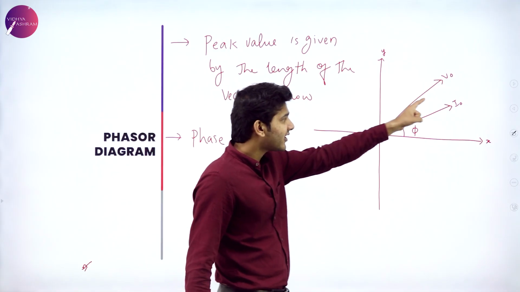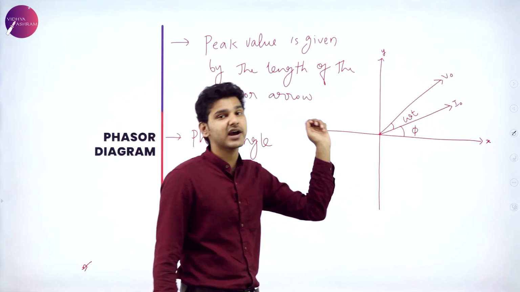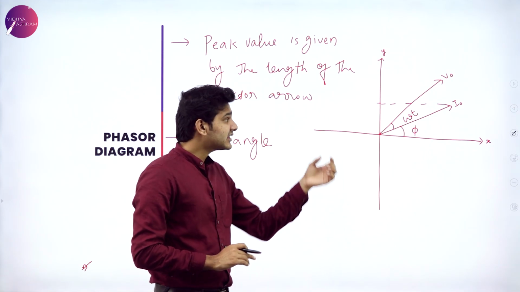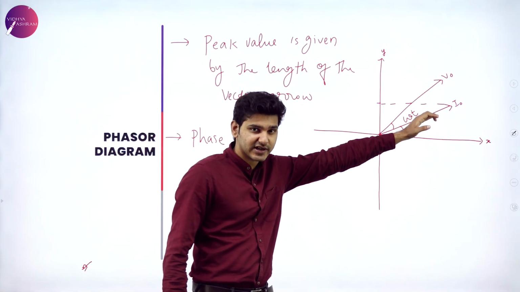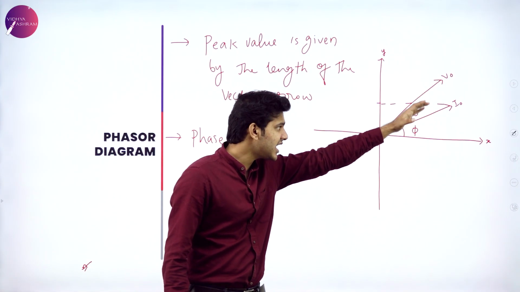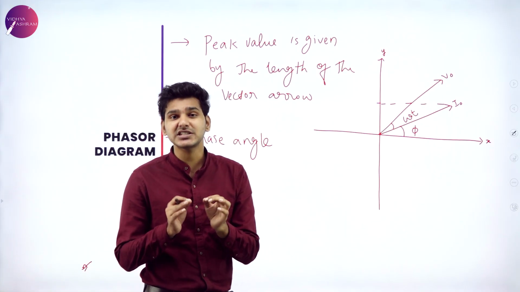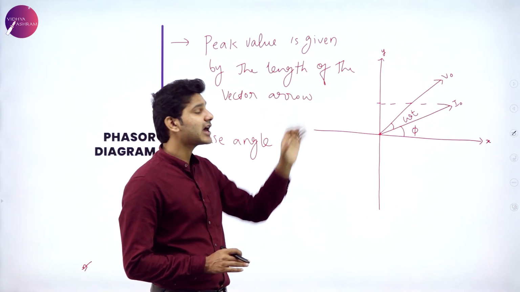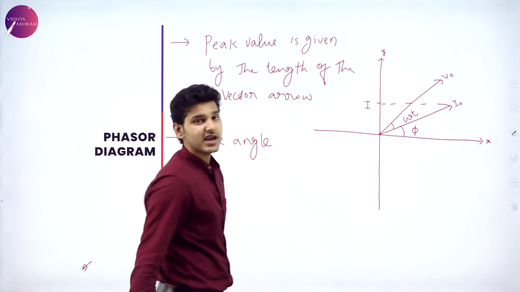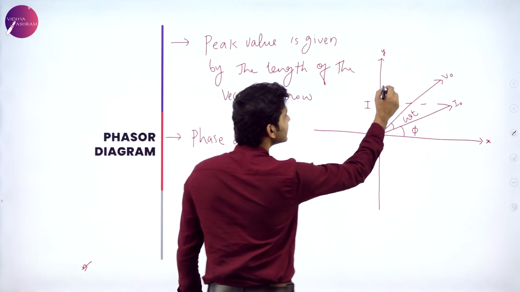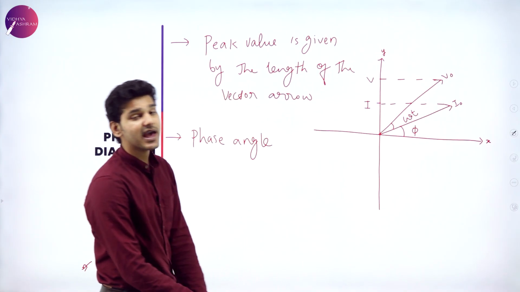So if I take the y-axis projection of this vector, in here it is current, I will get the instantaneous value of current at that point. And if I do it for voltage, I will get the instantaneous value of voltage. So I will get I and V.